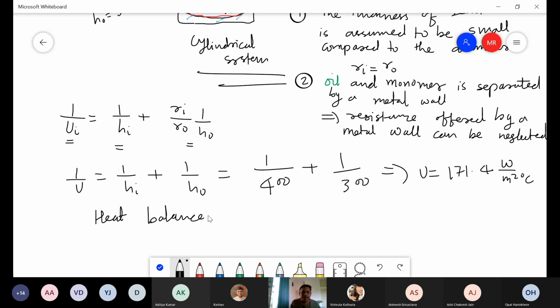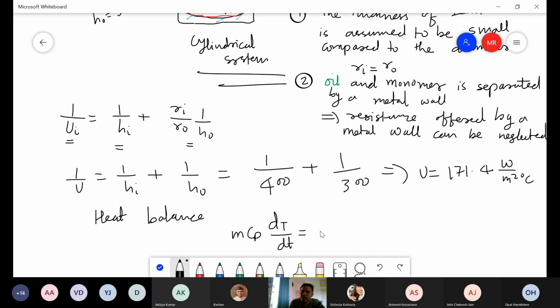So heat balance in this case is going to be mCp dT by dt. That is nothing but how much the internal energy is increasing on the monomer side, and that should equal the amount of heat transfer from oil to the monomer.